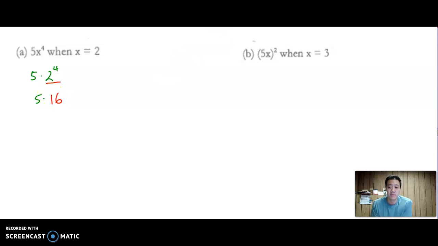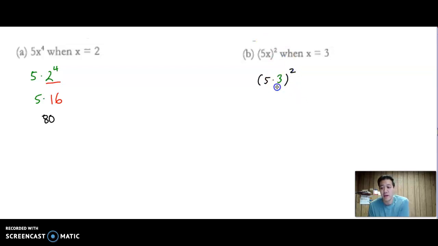Okay, so now we're going to multiply 5 and 16, which is 80. All right. Here in part B, all right, x equals 3. So this is going to be 5 times 3, and then squared.